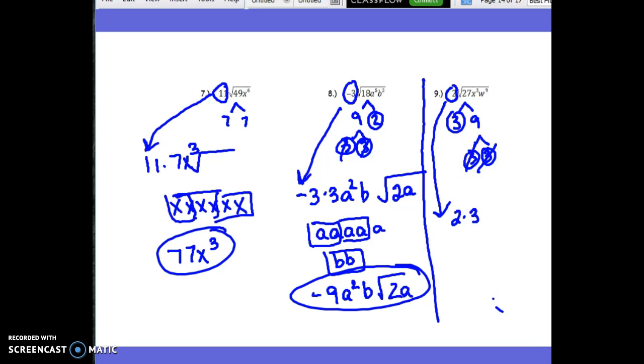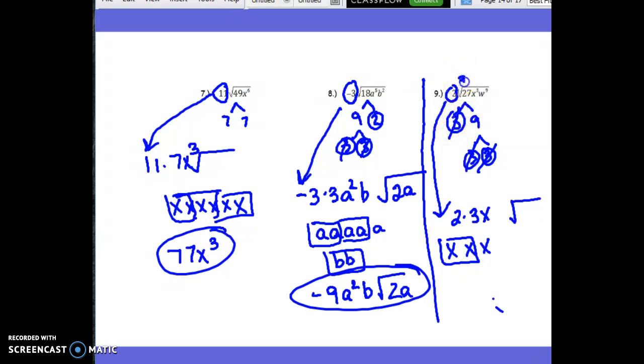And for our x's, we've got 1, 2, 3. We're looking for one pair of x's, because our index is 2. And what's left over on the inside, we don't have any because we're looking for our triples.